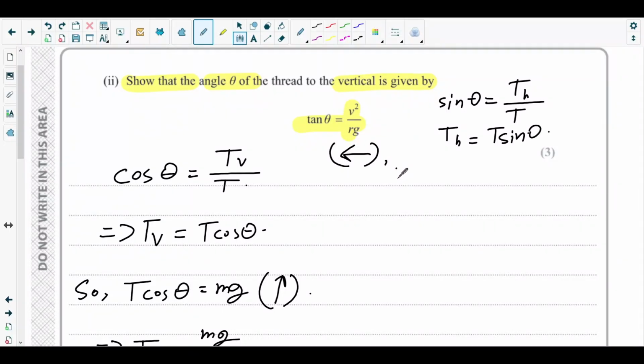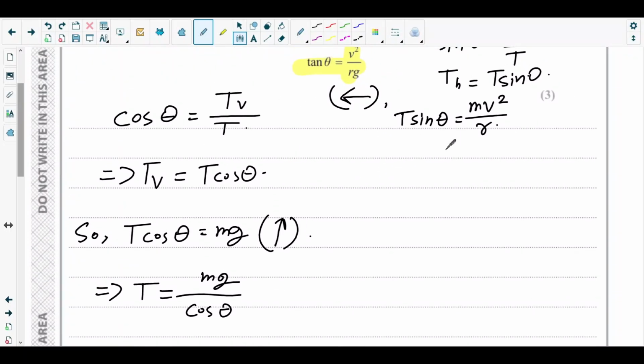Horizontally, T sin theta equals the centripetal force mv squared over r. We know T equals mg over cos theta, so let's put it here: mg over cos theta times sin theta.